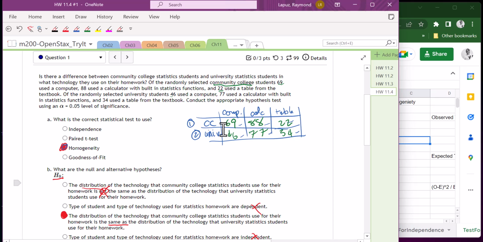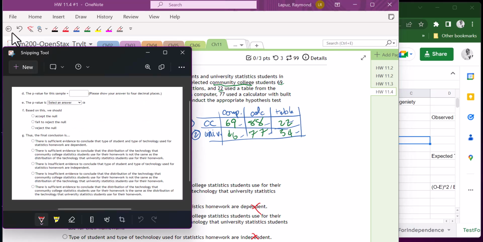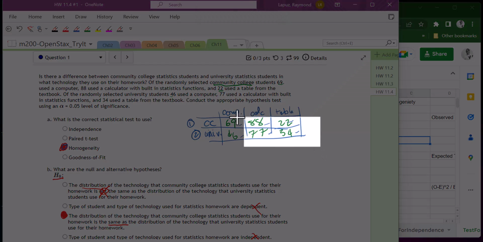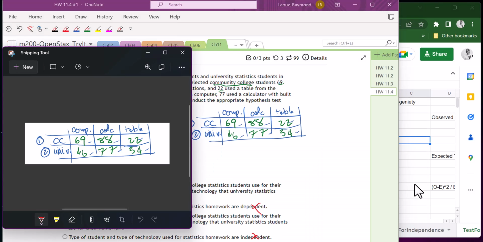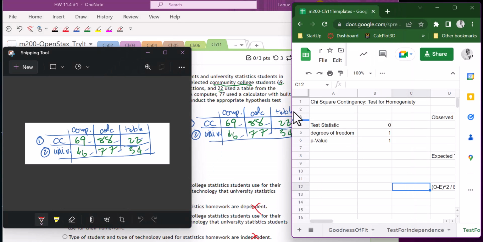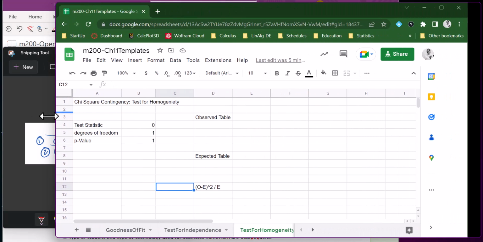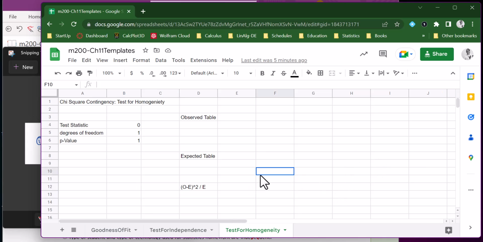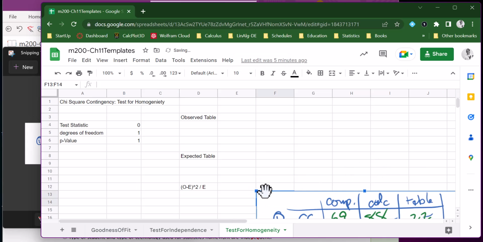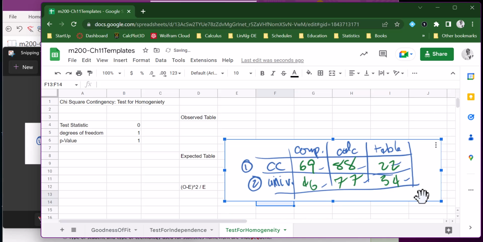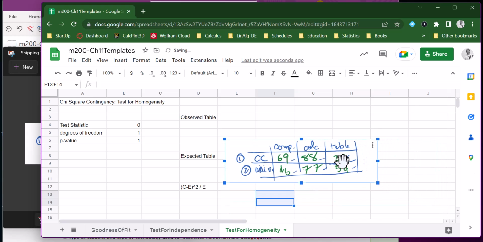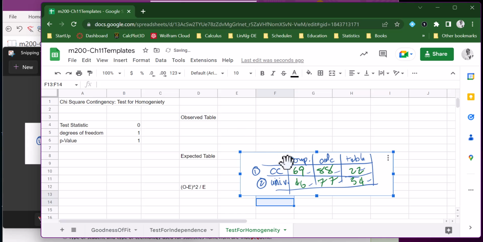So let's take this table and recreate it in our Google Sheets file. Let's see if we could do this. Just copy this table and let's try to put it here. Now obviously we're not going to be able to use this table in the Google Sheets. It would have been nice, but we have to actually create it ourselves. So let's do that in this little space.